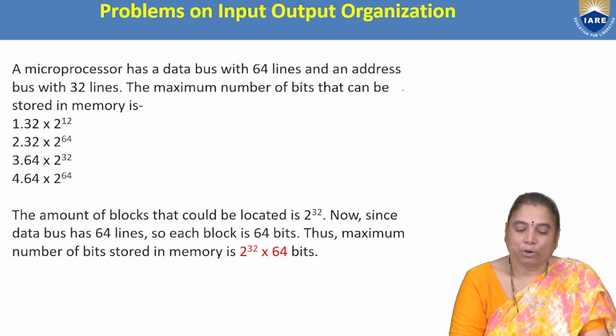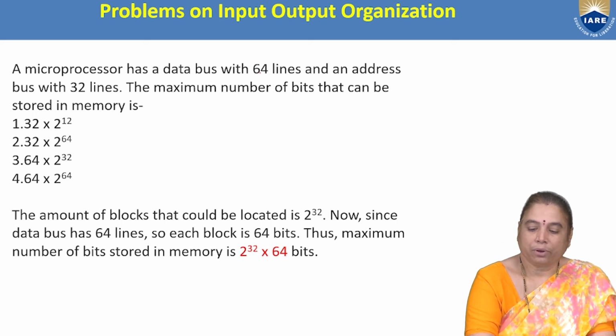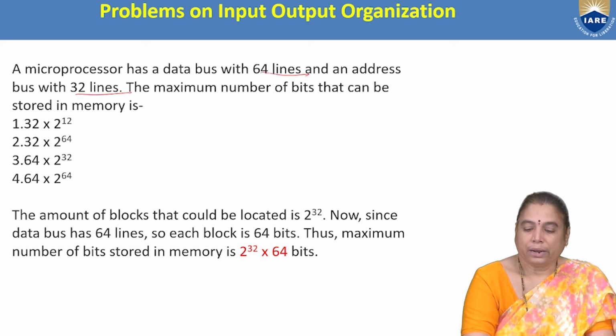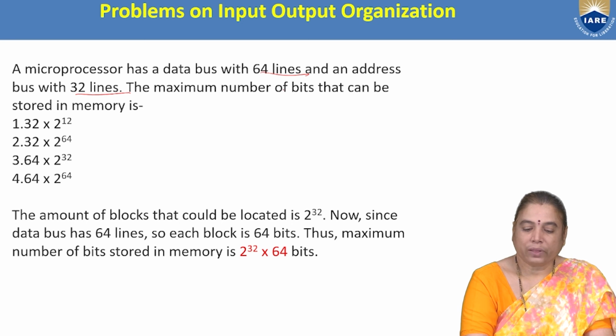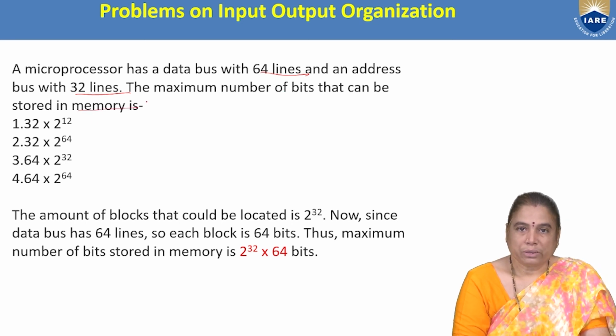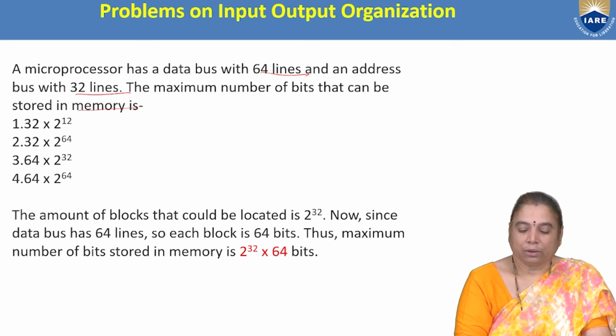Next, a microprocessor has a data bus with 64 lines and an address bus with 32 lines. The maximum number of bits that can be stored in the memory, what is the storage capacity of the memory? The number of blocks that can be located is 2 power 32.